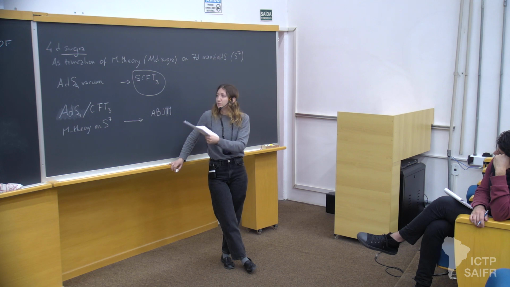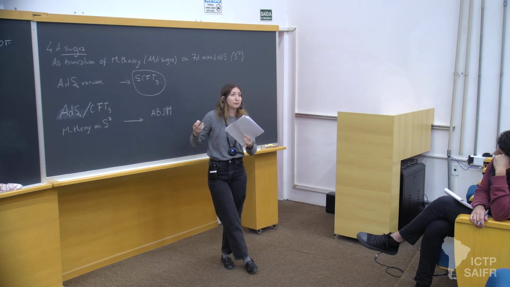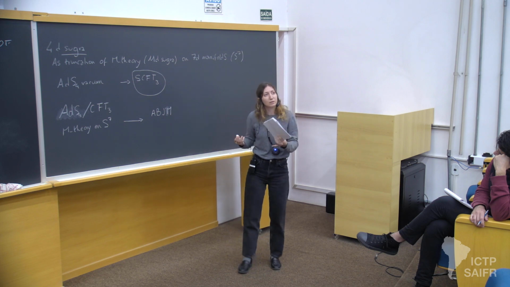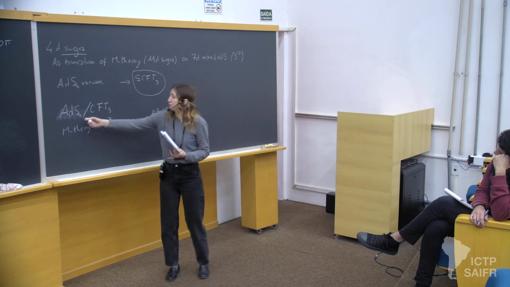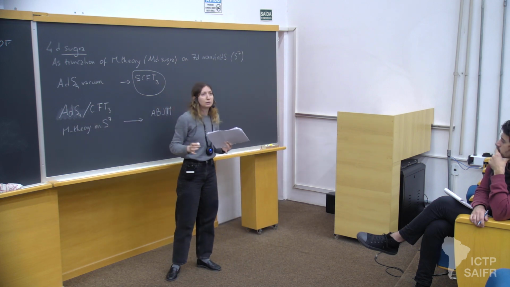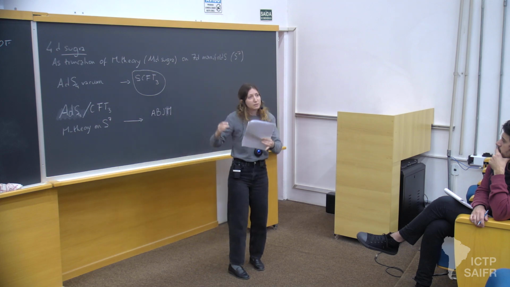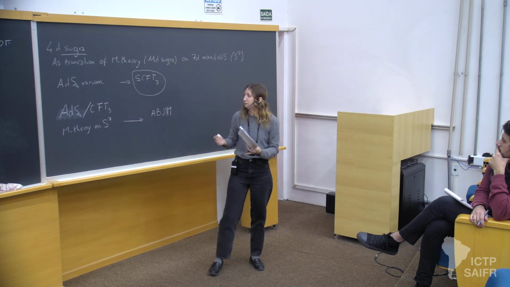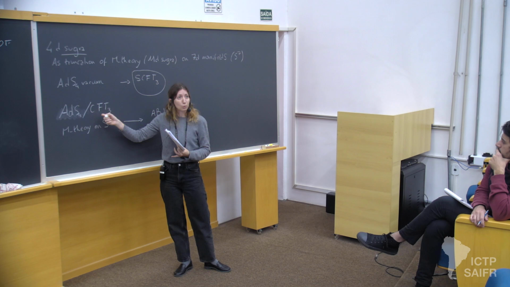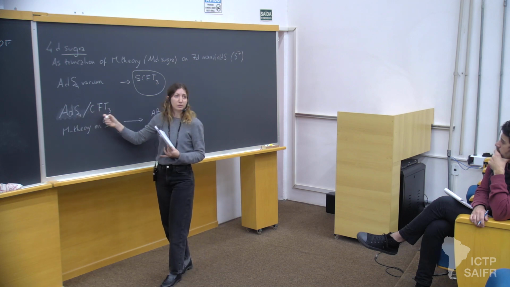For simplicity, just because the first successful microstate counting was found in 4 dimensions, I decided in this lecture to focus on the duality in one dimension less, which relates, instead of AdS5 and CFT4, AdS4 and CFT3.